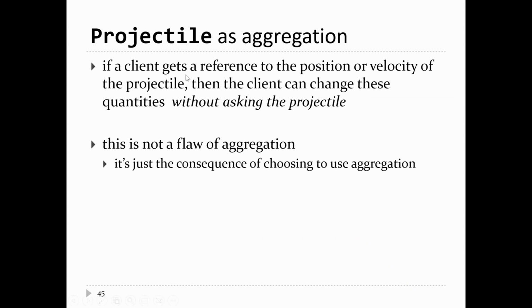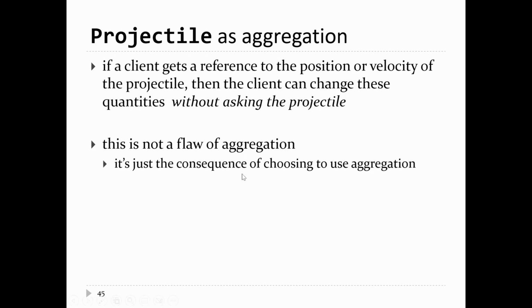So if the caller gets a reference to the position or velocity of the projectile, then the caller can change the quantities without asking the projectile. In other words, you can change the position of the ball and never ask the ball to change its position. This is not a flaw. It seems weird, maybe, but it's not a flaw of aggregation.